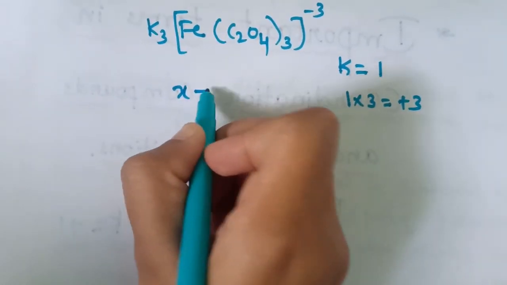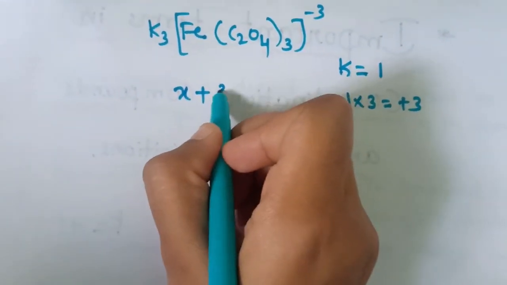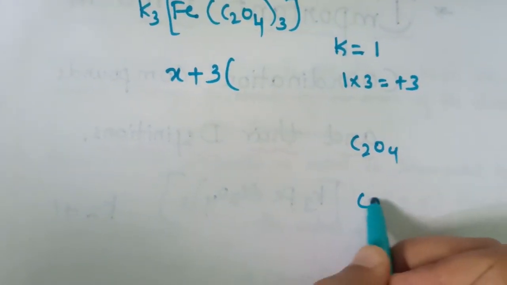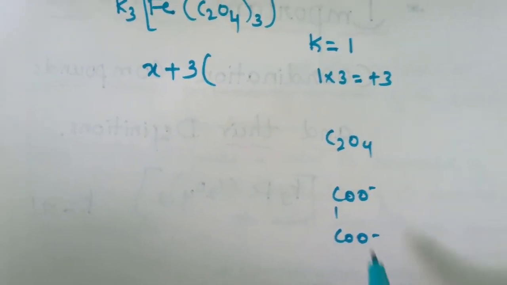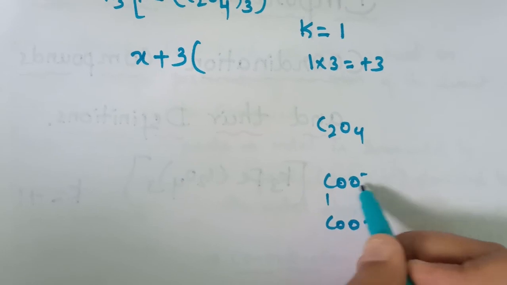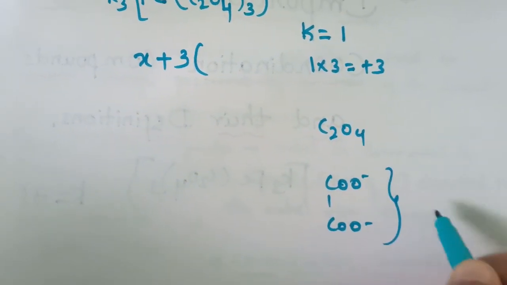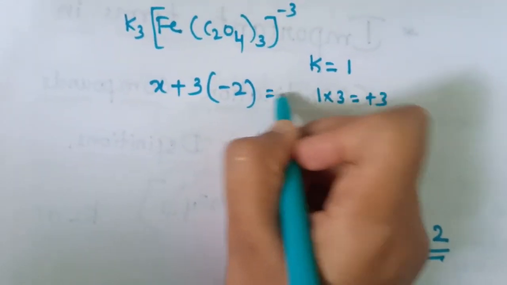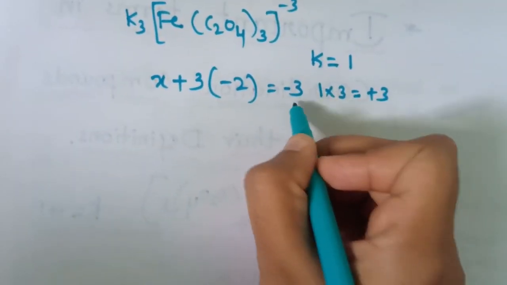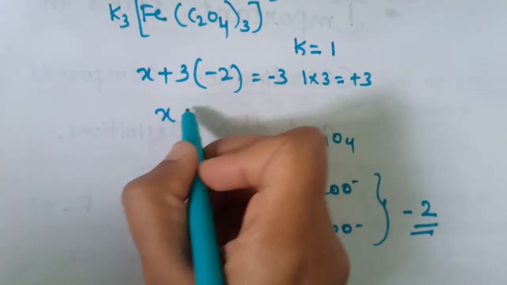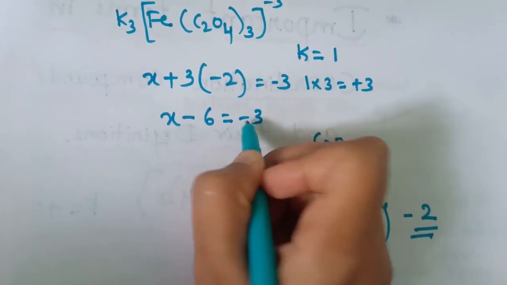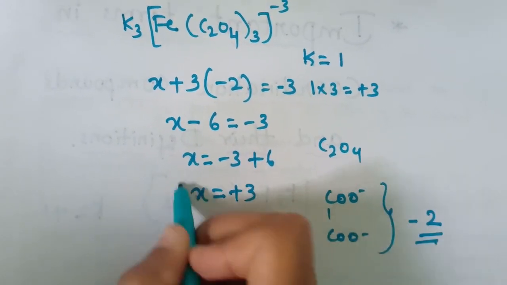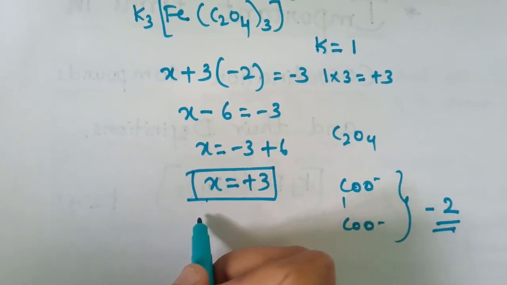We shall consider it as X plus 3 into C2O4, the oxidation number of C2O4. See, here it is C2O4, 2 carbons and 4 oxygens. So here is minus 1 and here is minus 1. It totally becomes minus 2. That equals minus 3, the charge on the complex ion. X plus 3 into minus 2, that is minus 6, equals minus 3. X equals minus 3 plus 6. X equals plus 3. It is the oxidation number of Fe.